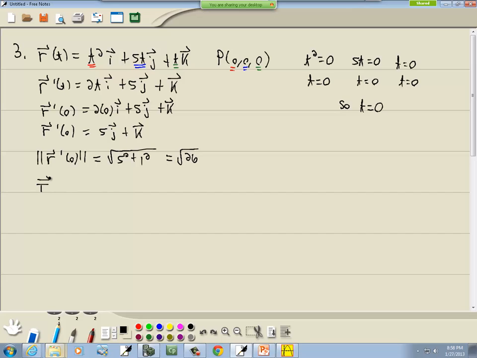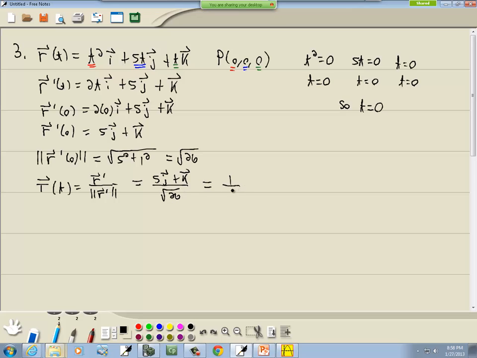So then our unit tangent vector is going to be equal to r prime over the magnitude of r prime. So r prime was 0 i plus 5 j plus k over square root of 26.